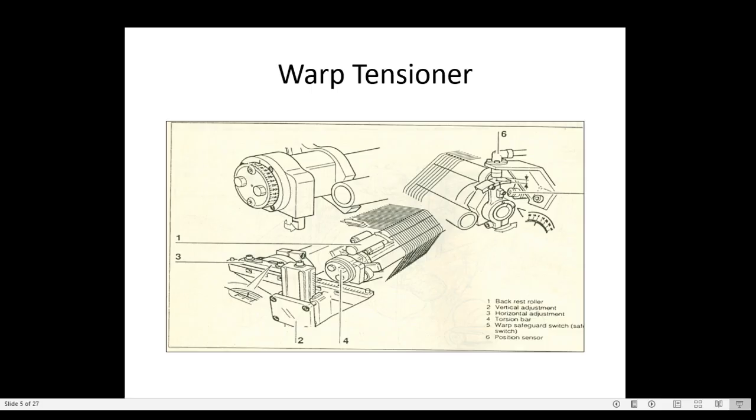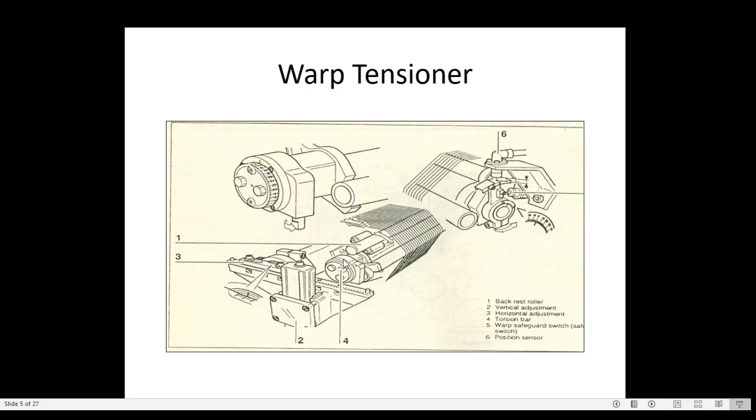Next setting, see here, we have the torsion bar inside this, not the projectile torsion bar, but here four tensioning bars can be seen. We have to adjust this tension. A scale is shown here. When we move this at the moving point, the torsion bar moves clockwise and anti-clockwise.